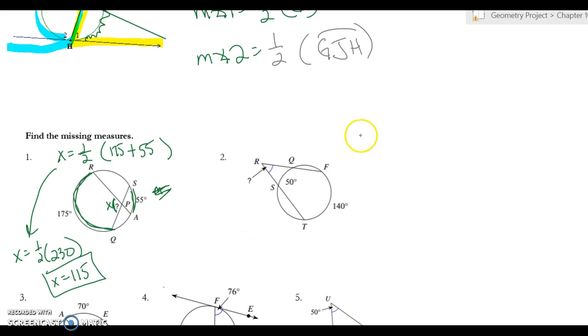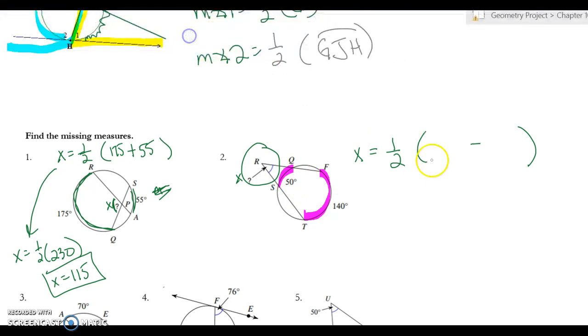Okay. All right. This one here, this is X. I don't know this. My angle equals 1/2. And since this is outside, I'm going to take away. Outside, you take away. And so here's my big arc. Here's my small arc.